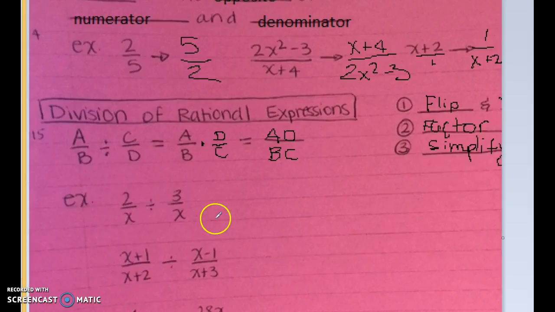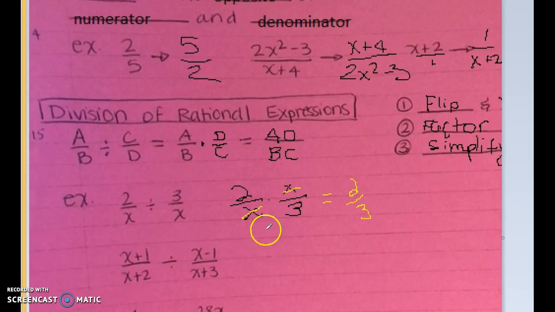If we're going to do 2 over x divided by 3 over x, we only flip the second fraction. We leave the first one alone. So this would be 2 over x times x over 3. If we cancel like we learned to do, to divide out those factors of 1, the x's would cancel, and that would leave us with just 2/3.